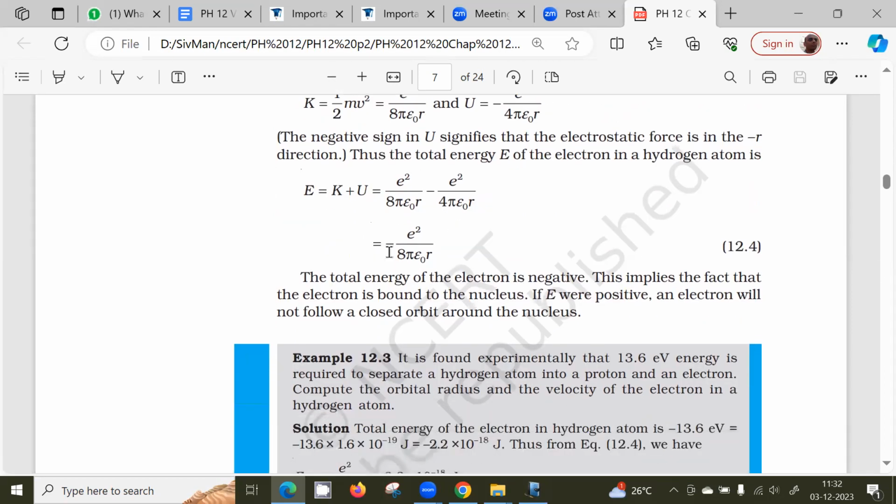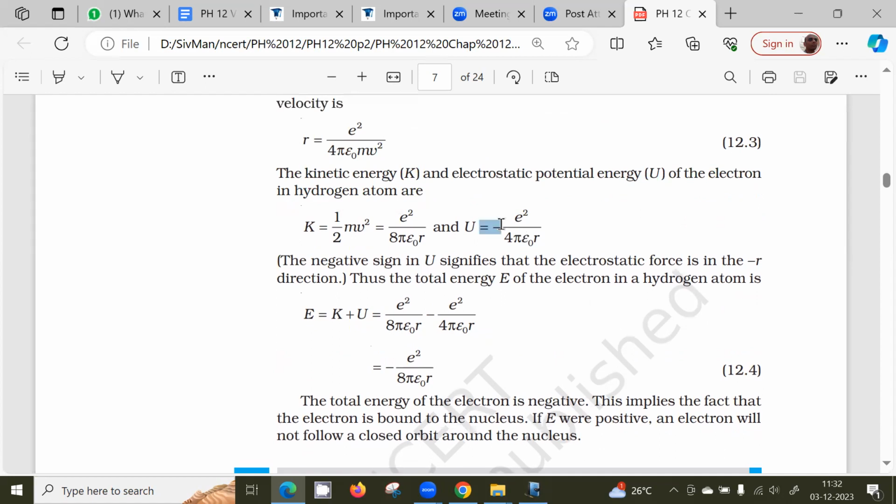One thing you should appreciate is that the energy is negative. That comes because the potential energy is negative. Potential energy can be negative depending on the reference I choose. Here the reference I choose is that the energy at infinite distance, the infinite orbit, is 0. If I put r equal to infinity, I get U as 0.